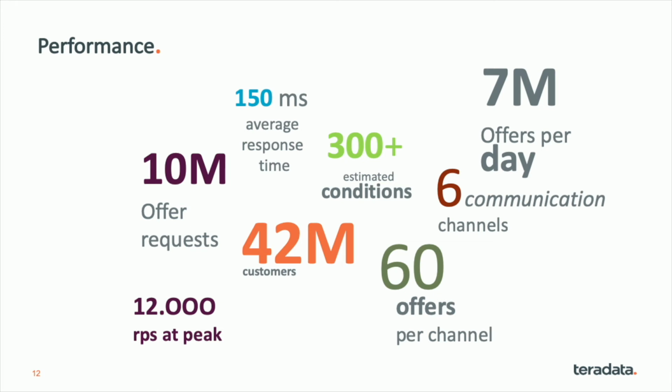So we have 6 communication channels. Communication channels means SMS, what else further? SMS, push SMS, email, self-service, and something else. On every communication channel, we have 60 predefined offers on the Teradata RTIM and WSO2 stream processor.